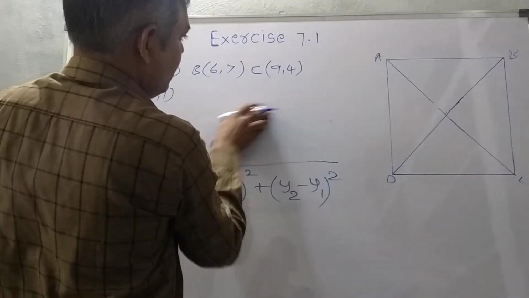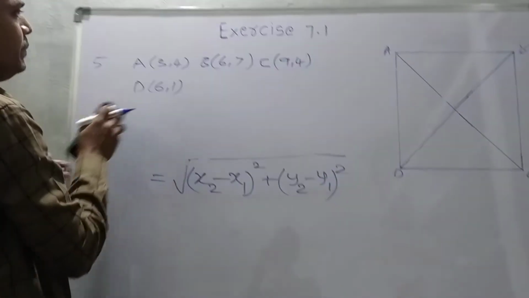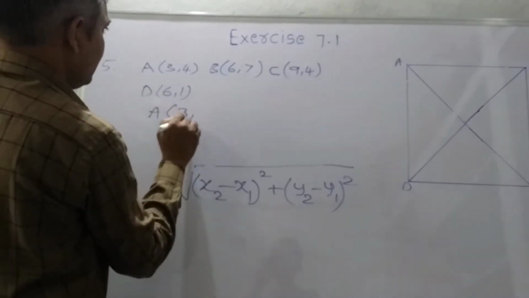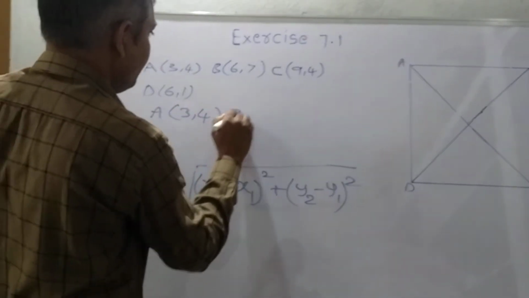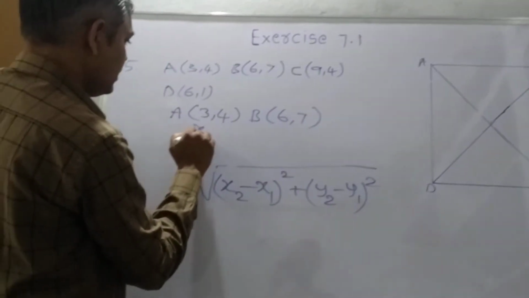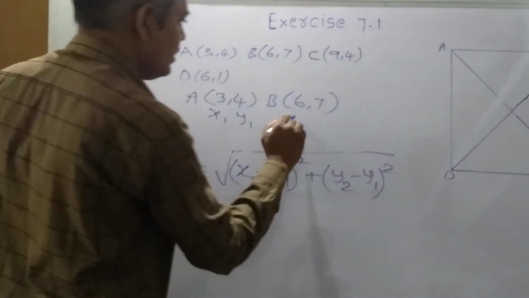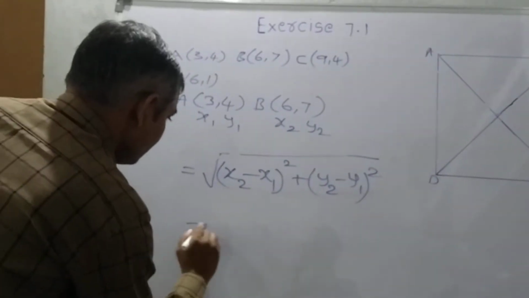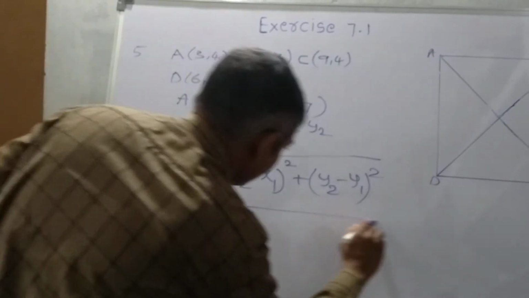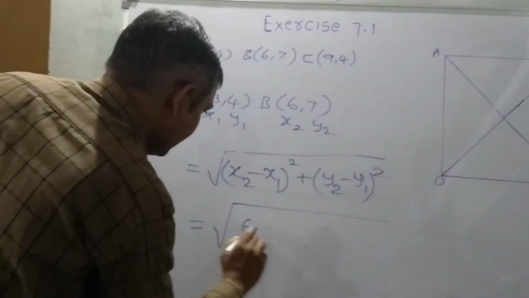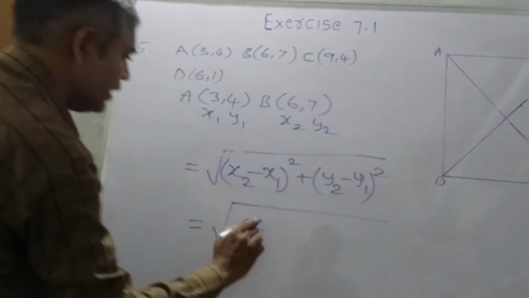First, we are finding the distance AB. A is 3 comma 4, B is 6 comma 7. This is x1 y1, this is x2 y2. x2 means 6, x1 means 3.